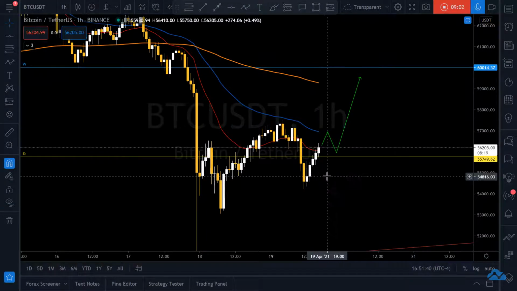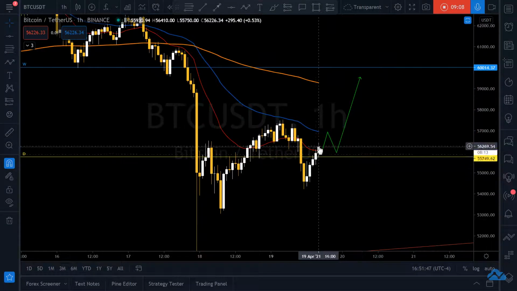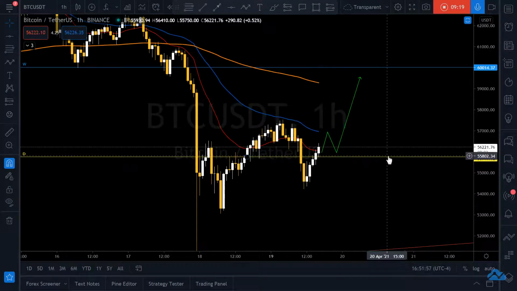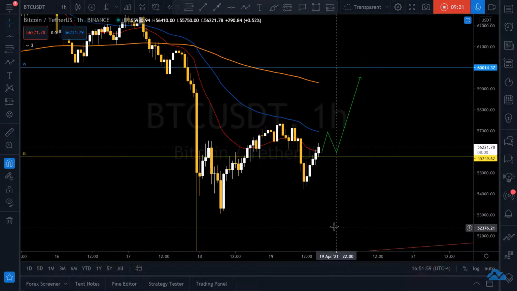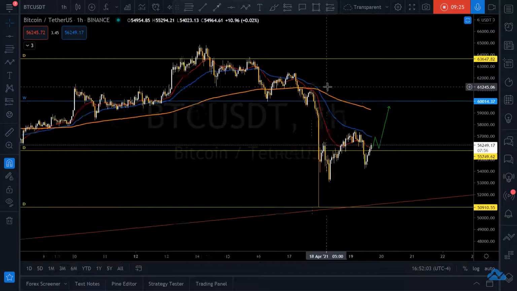We have a very strong indication that we're going up, because we're already closed above and continued bullishly over this daily resistance. Now, I also want to point out something too. I love my Fibonacci's.